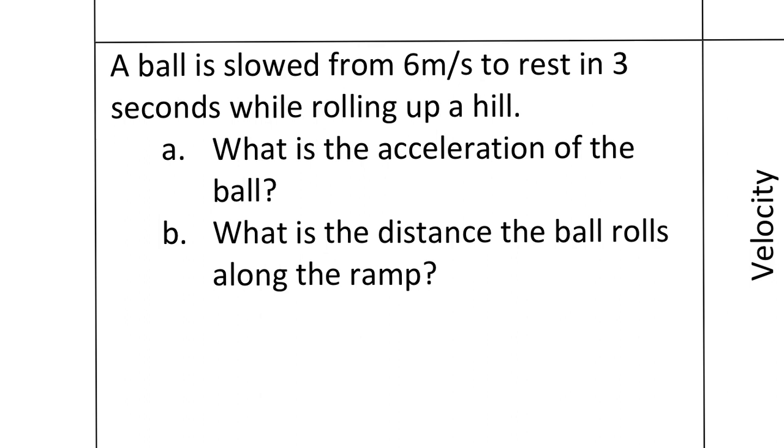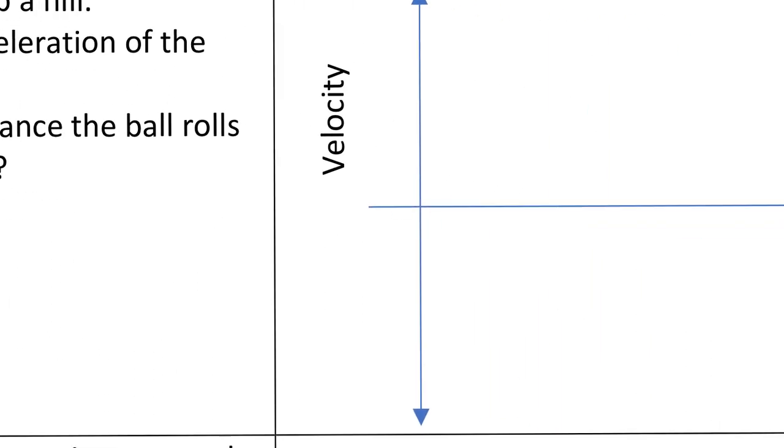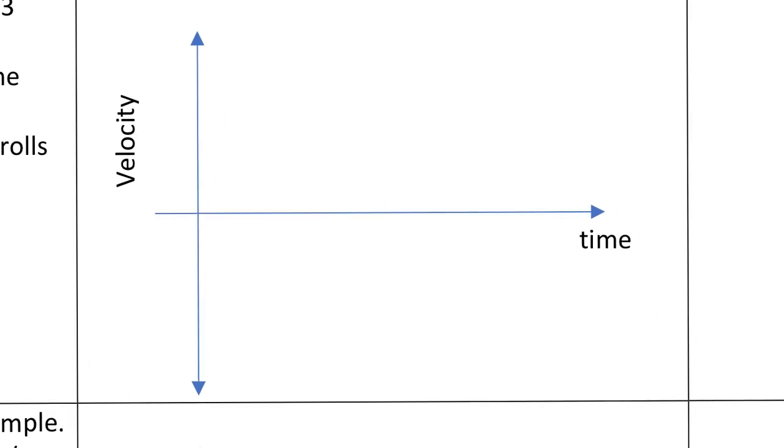For the most part, I saw lots of good stuff here, so I'm not going to belabor the point too much or spend a lot of time calling you guys out. I saw on many papers that you started this at 6 meters per second and drew a nice straight line ending at 3 seconds. Good job. That's what this should look like.